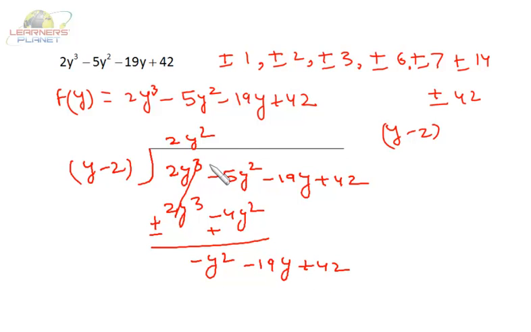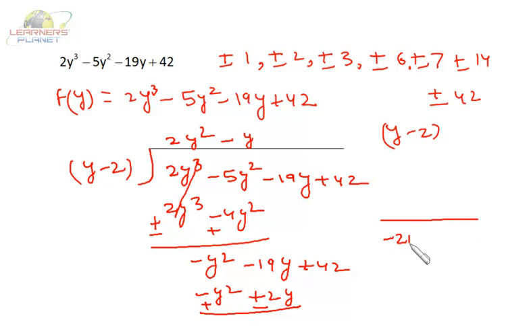So to get minus y square, we have to multiply this by 2 minus y. So it's minus y into y is minus y square. Then minus y into minus 2 is plus 2y. Solve it by deducting. So it's minus 21y. I write it over here. Minus 21y, and then take 42.